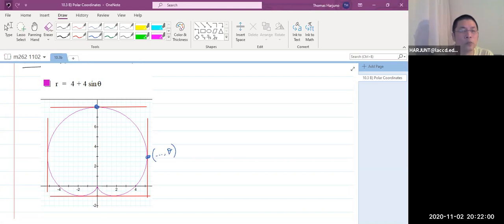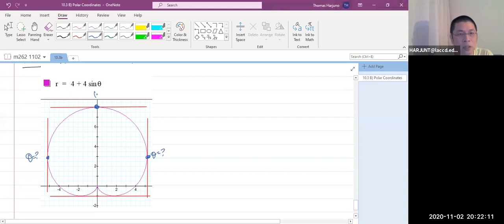You see what I mean? We don't know yet. Theta equals what? This one is easy, theta equals pi over 2, right? Theta equals what? That's what we want to do. And actually, there's one more thing here.